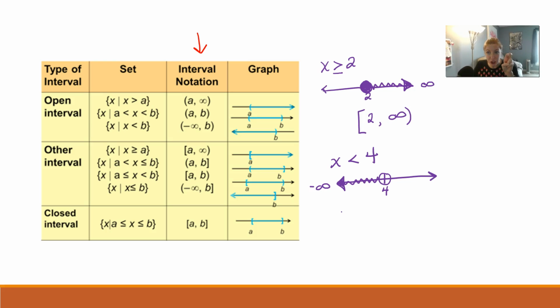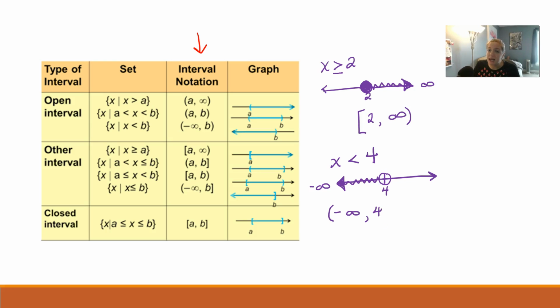So our starting point would be negative infinity. Now we can't actually reach negative infinity, so we would use parentheses there, just like positive infinity. Can't actually reach it, so let's just throw in a negative. Now on the right hand, the end point, we can't go beyond this point, would be 4. And then we ask ourselves, do I do a parenthesis or do I do a bracket?